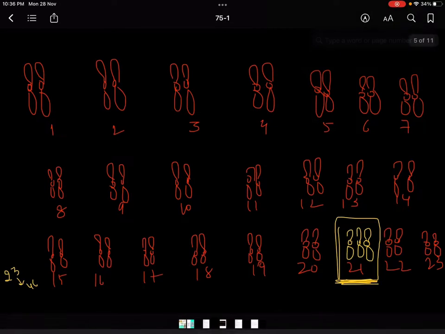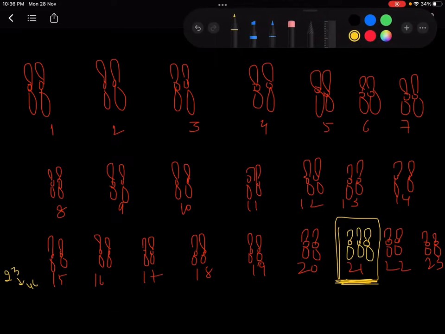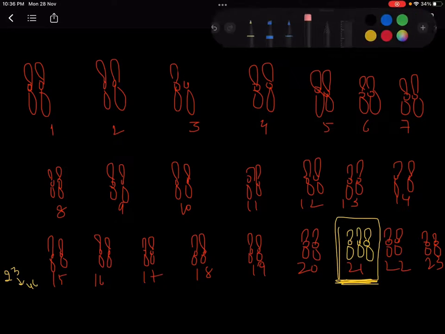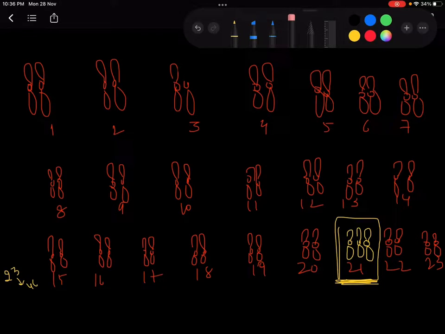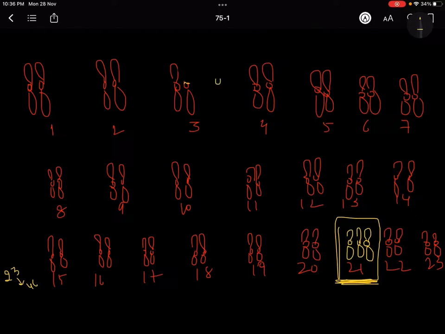Similarly, it is also possible that in a karyotype analysis you see that maybe one arm of a chromosome is missing. So what is a normal chromosome? When both the arms are there, like if I say this is the P arm, this is the Q arm of a chromosome.